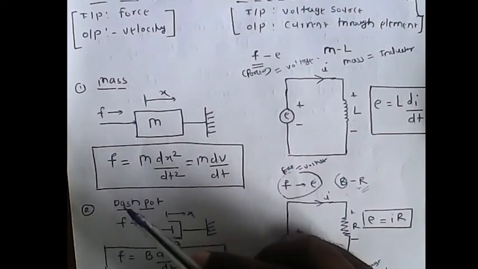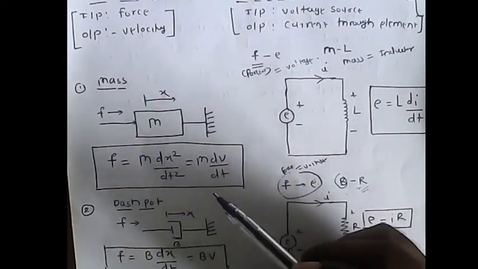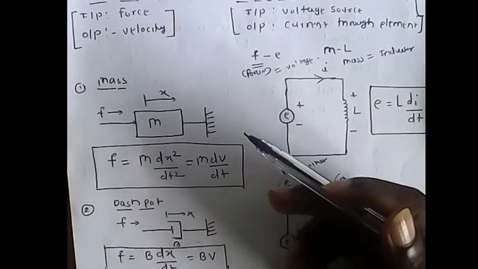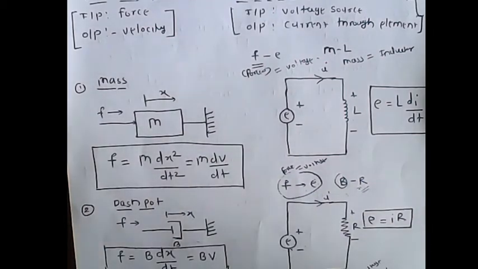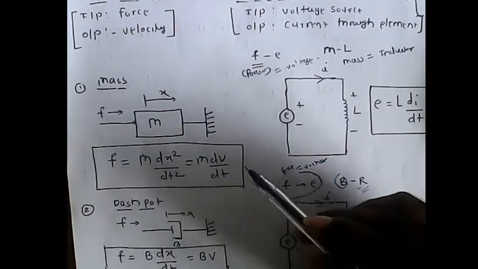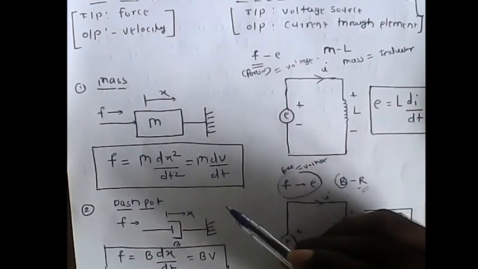We can write the opposing force in terms of the velocity as f equal to m dv by dt, where dv by dt is nothing but the acceleration. So the opposing force offered by the mass is f equal to m a, where m is the mass and a is the acceleration.